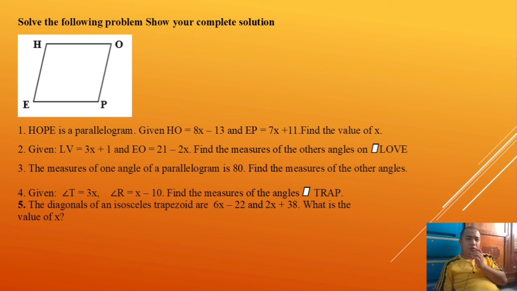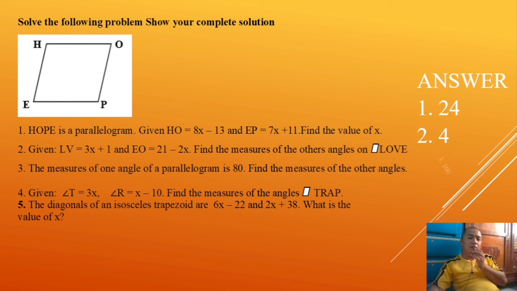Next, solve the following problems. So, yes, show your complete solution. So, this will be your assignment. Kailangan ng complete solution, so just give the answer and then show me the solution. I think you can send your answer in our messenger. So, for number 1, 24.